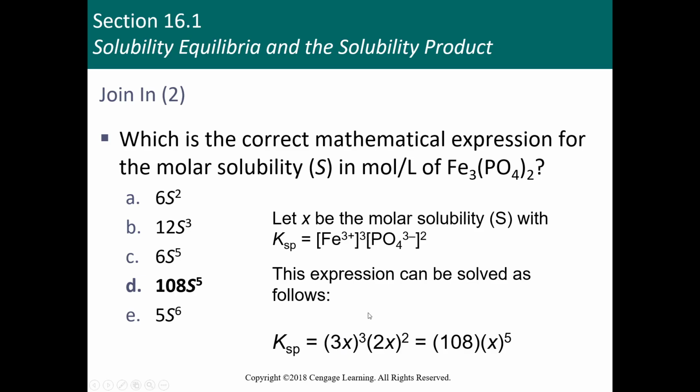That's 3 squared is 9. 3 cubed would be 3 times 9, which is 27. So that's 27 times 4, which is 108. And then you're going to have x cubed, x squared. You multiply those together, and you're going to get x to the 5th. Go ahead and finish this by putting an S here. And that will give you this answer right here, which is 108 S to the 5th. And so that just gives you a way to solve these problems without having to actually put any numbers in.